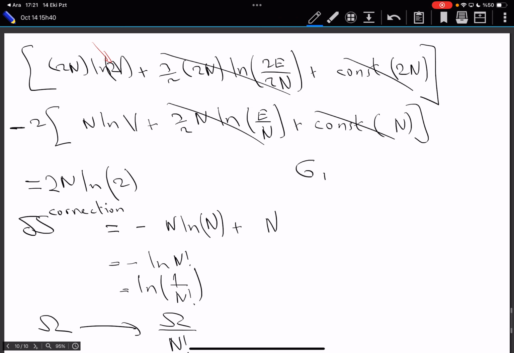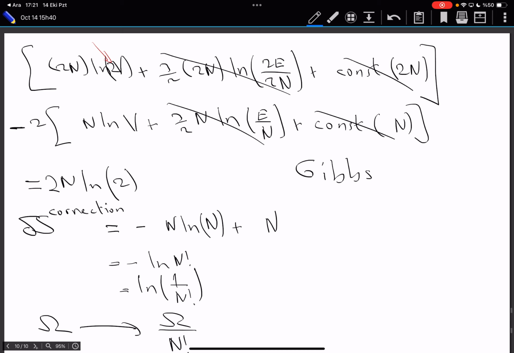Could you repeat why the indistinguishability is related to quantum? Well, you see, classical physics tells us that you can trace the trajectory of all the particles. So ideally, I can set particle 1 here, particle 2 here, particle 3 here, particle 4 here to start with. And then I can follow their trajectories. So whether these two particles come like this, or they come like this, I can distinguish them.